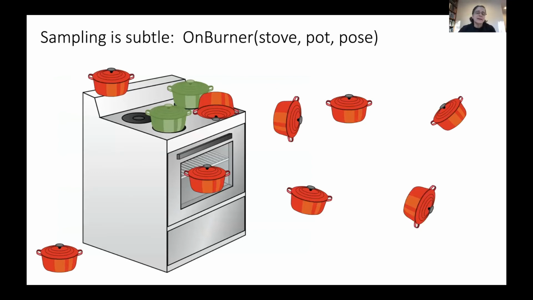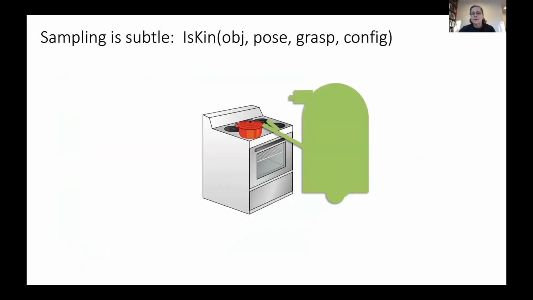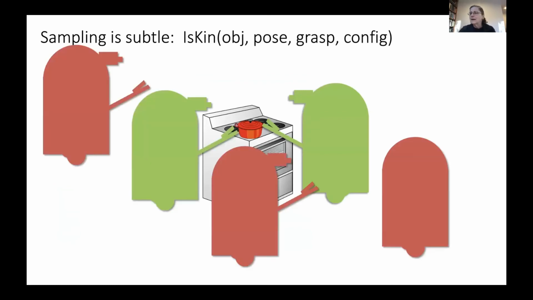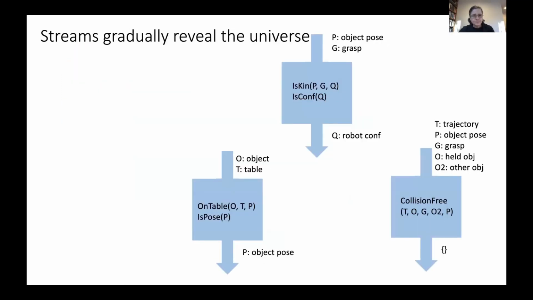Similarly, for kinematics, if we want to find a sample of where the robot could pick up the object off the stove, well, we can try to find some, but random sampling won't really help very much. So we have to think about managing the sampling process. We have to think about ways of biasing it potentially, and also managing it in the loop of doing planning.